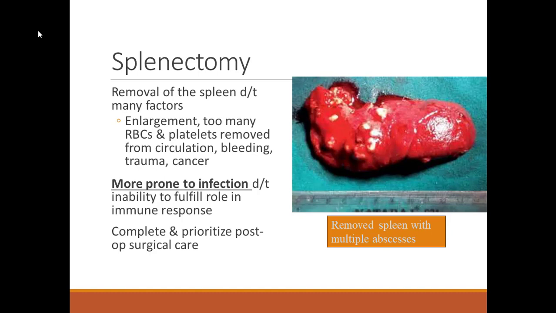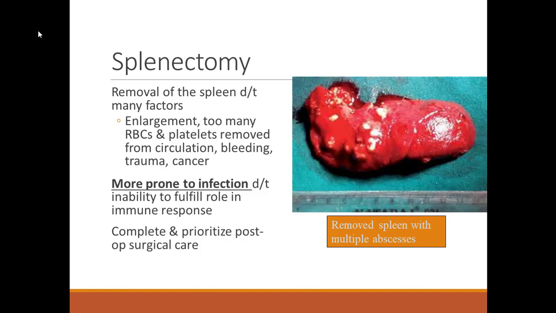All right. And then splenectomy, like I told you before, this is part of the lymph system. The spleen is a very important gland and very important organ, but the body can function without it. It can actually be enlarged because there's too many red blood cells that are removed from circulation that are hanging out and stuck in the spleen.